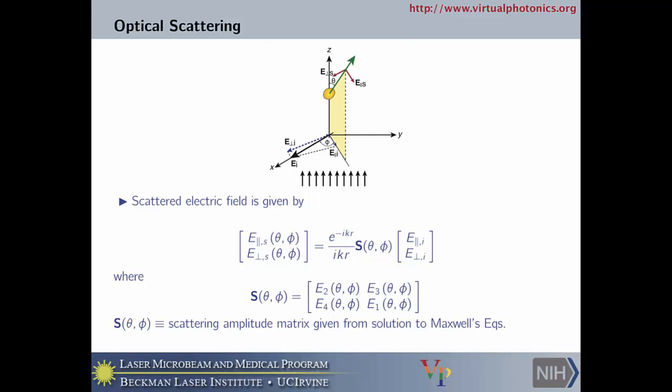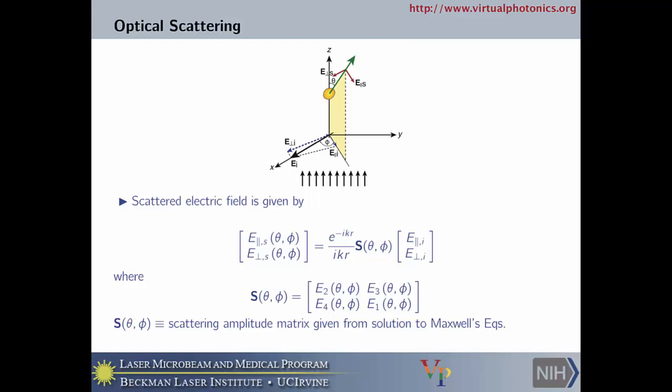So you can have a polarization state that's a mixture of parallel and perpendicular polarization that propagates and impinges on a particle of an arbitrary shape and size. This will give rise to a scattered wave, also possessing perpendicular and parallel polarization states, whose intensity will vary with both angles theta and phi.